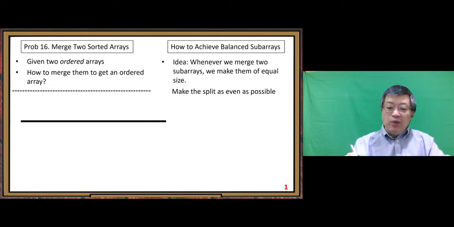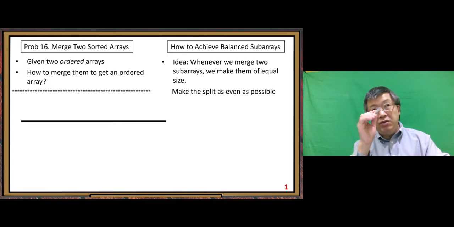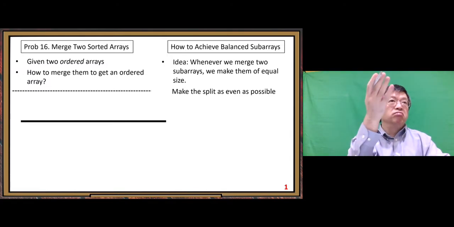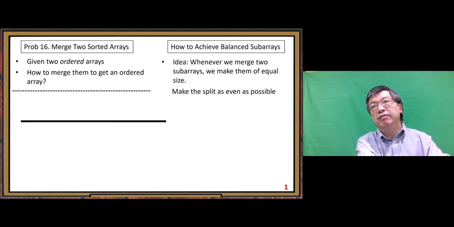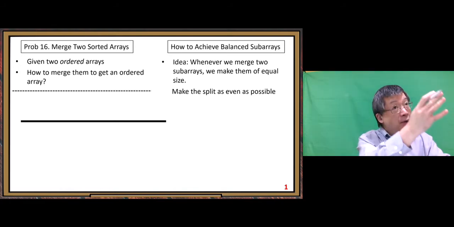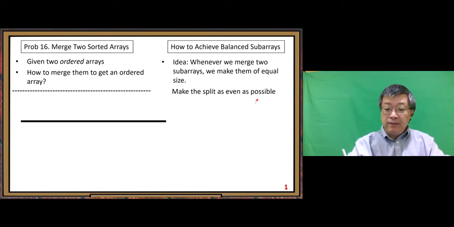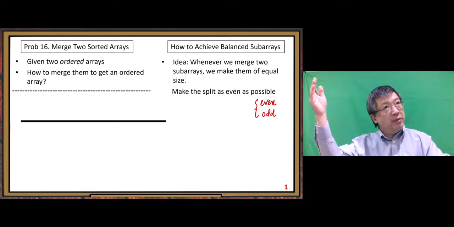We cannot guarantee the two subarrays have equal size because it depends on the number of elements in this array. You can have an even number or an odd number, right? So there are two cases: even number of elements and odd number of elements.